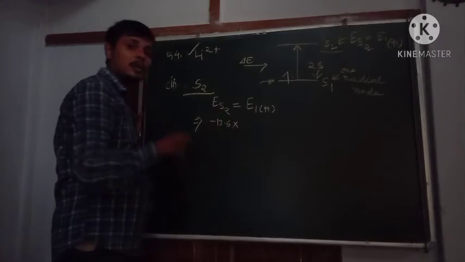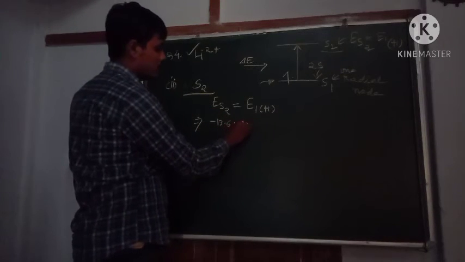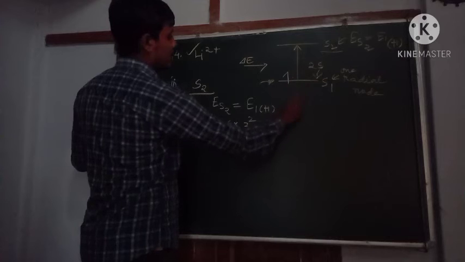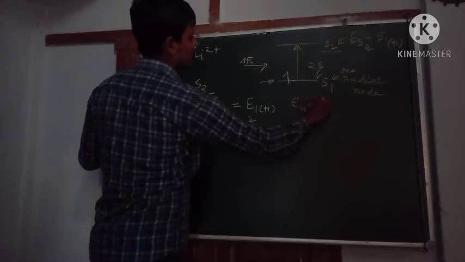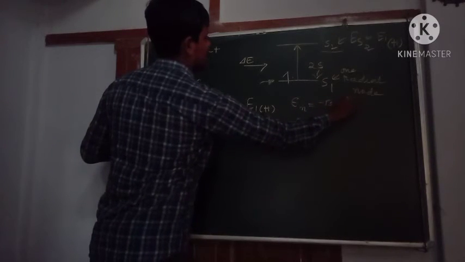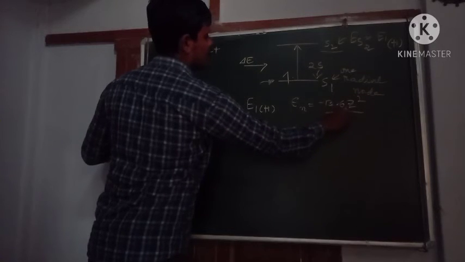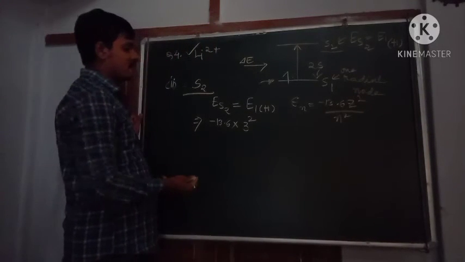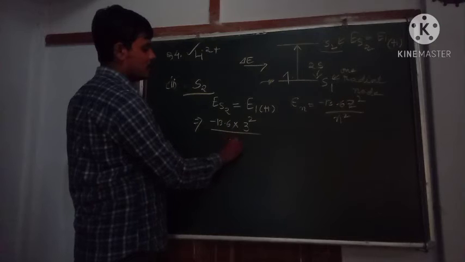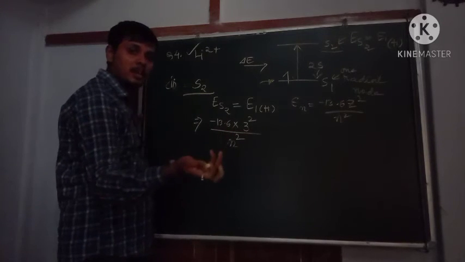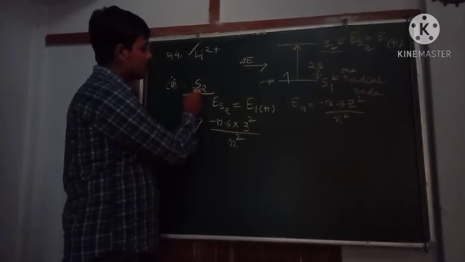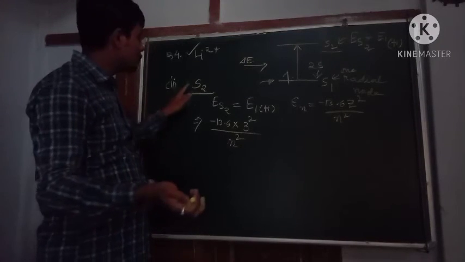So S2 is for lithium, Z square is 3 square. En equals minus 13.6 Z square by n square, according to Bohr's model. So n we need to find. Why do we need to find the value of n? So that we get the principal quantum number for the S2 state.